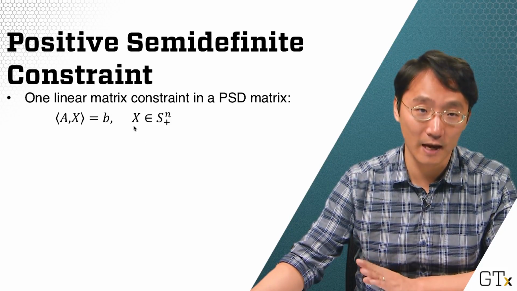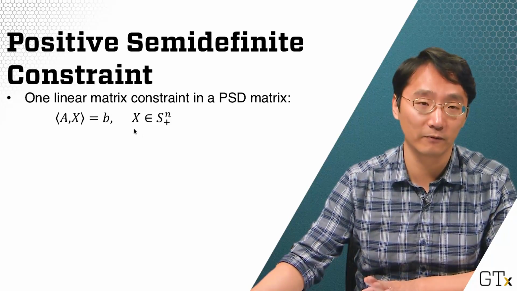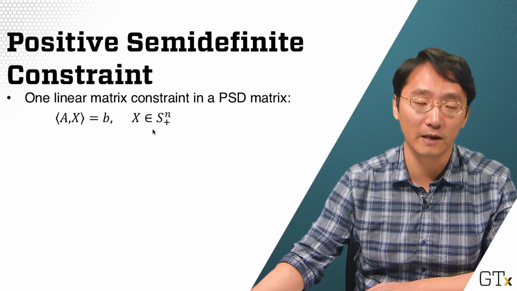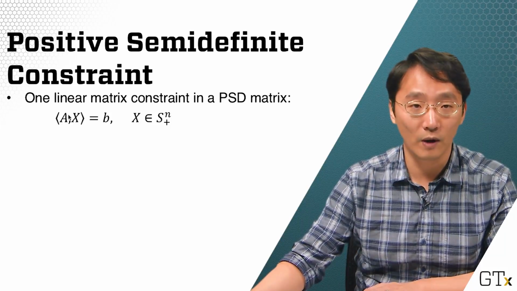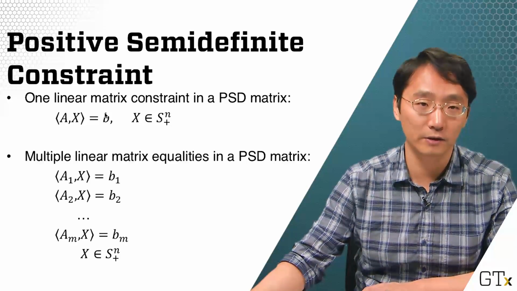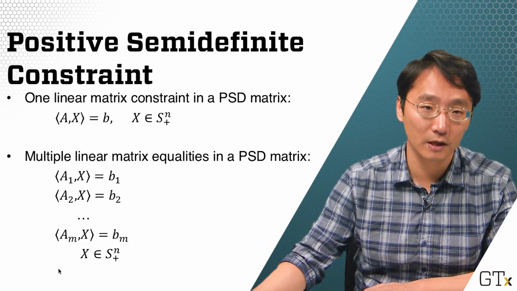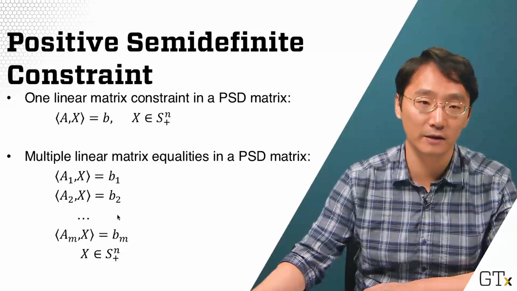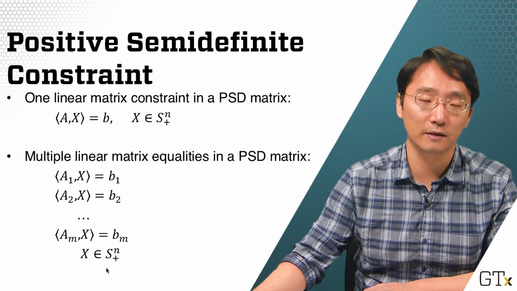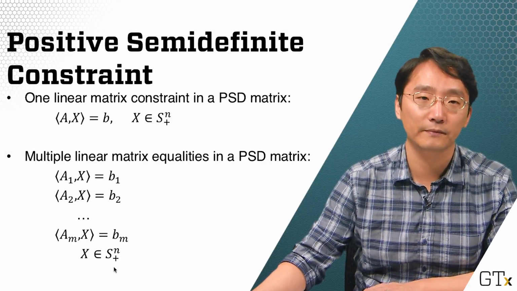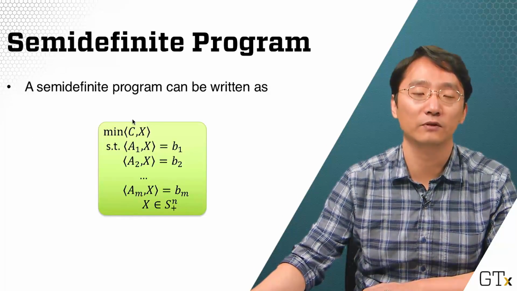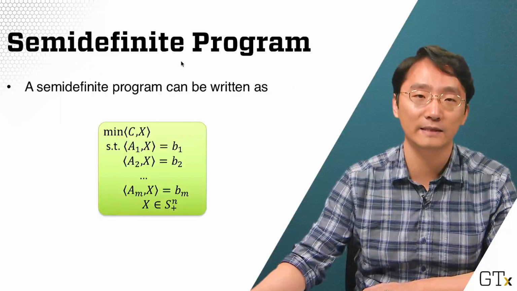This is exactly the same as a linear constraint on vectors, and then the matrix itself has to be in the positive semi-definite cone. This is one linear equality. We can have multiple linear equalities with different coefficients and different right-hand sides, and then X is in the positive semi-definite cone.